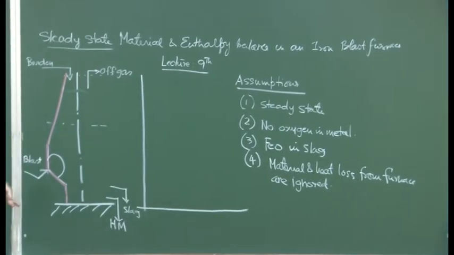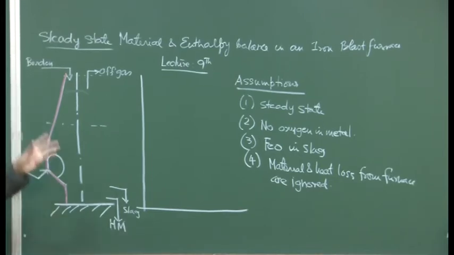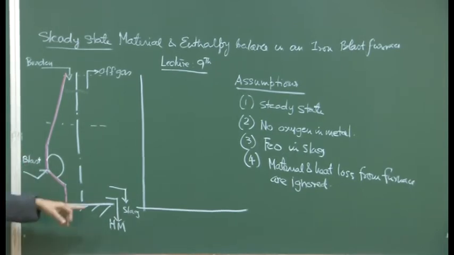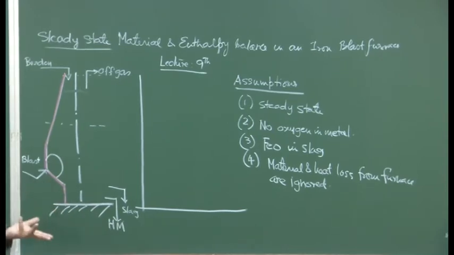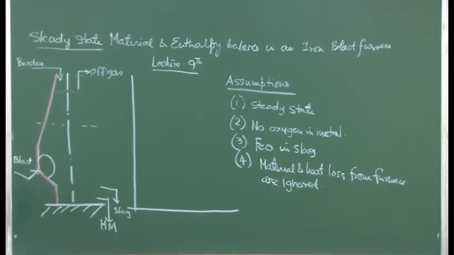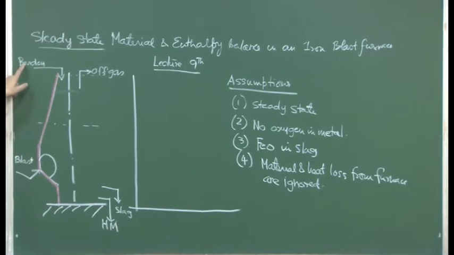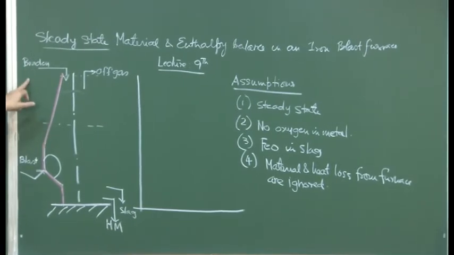It is at that particular point we will start discussing the development of the models, and then we will gradually incorporate impurities in the burden, impurities in coke and so on and so forth. The blast is still considered to be oxygen and nitrogen. The hot metal will have carbon obviously, but it will not contain any silicon, phosphorus or sulfur, because there are no other impurities present. Iron ore is pure Fe2O3 and coke is pure carbon.